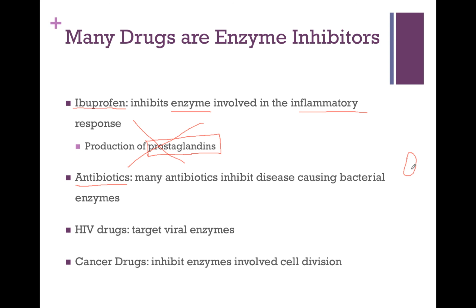They don't even have organelles. We only have about 10 different lines of attack to kill bacteria and protect our bodies. This is one of them: we can block bacterial enzymes, thus killing the bacteria. There are also HIV drugs now that target the HIV viral enzymes. We have cancer drugs that inhibit enzymes involved in cell division. That's important. We're going to talk a lot about cell division in upcoming chapters.